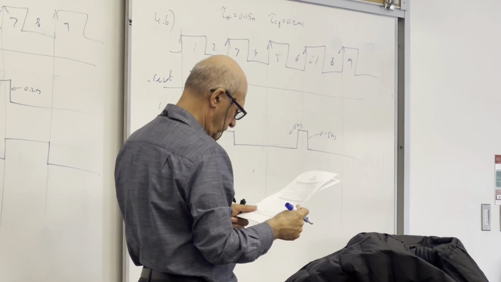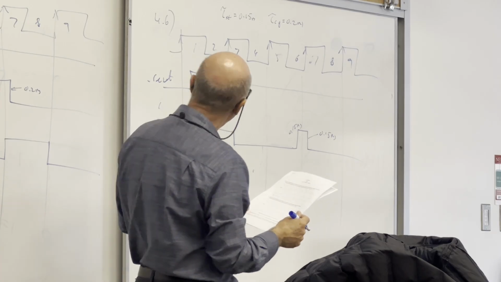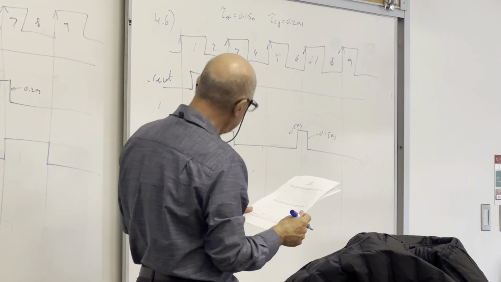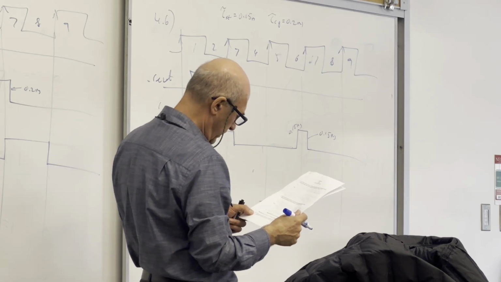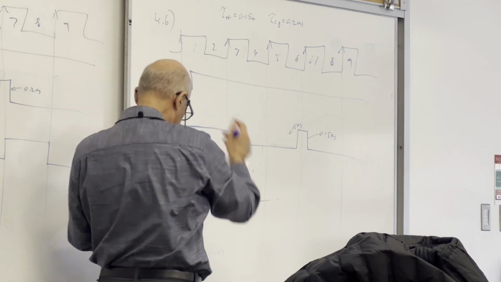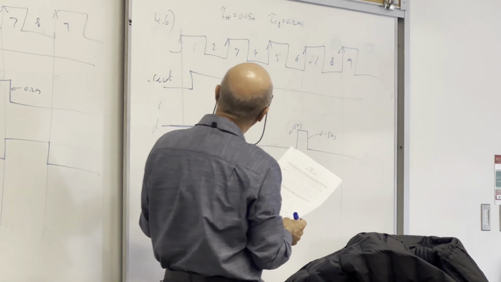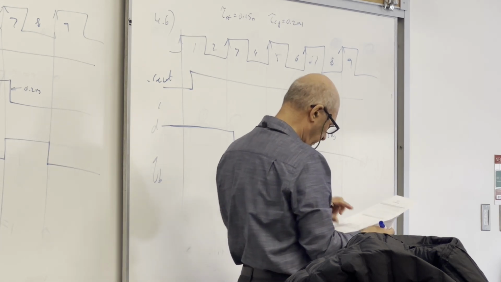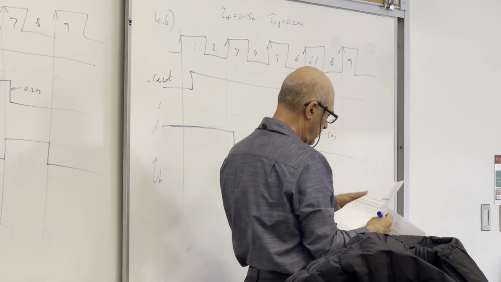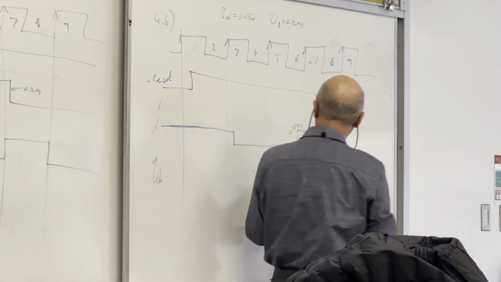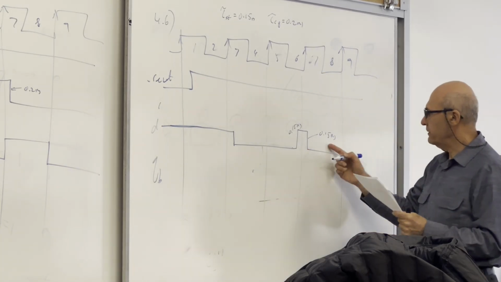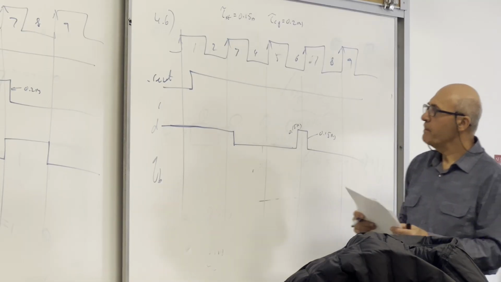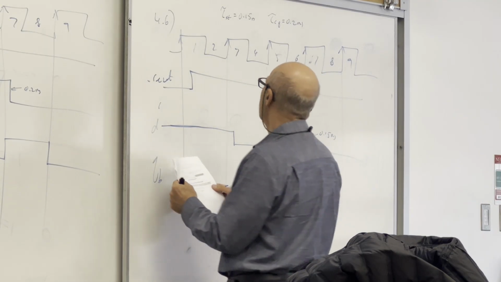The clock to Q came as 0.2, and then hold time is 0.1, right? Setup time is 0.5, this is 4.6. Clock to Q is 0.2, and these numbers, clock to Q and setup time, are 0.15. Sorry, I got mixed up. Yeah, so that was wrong.